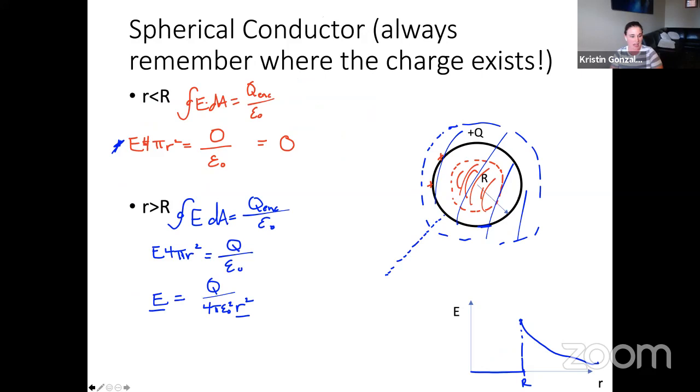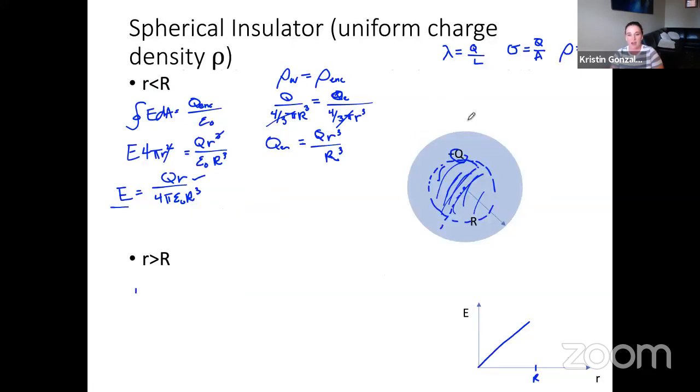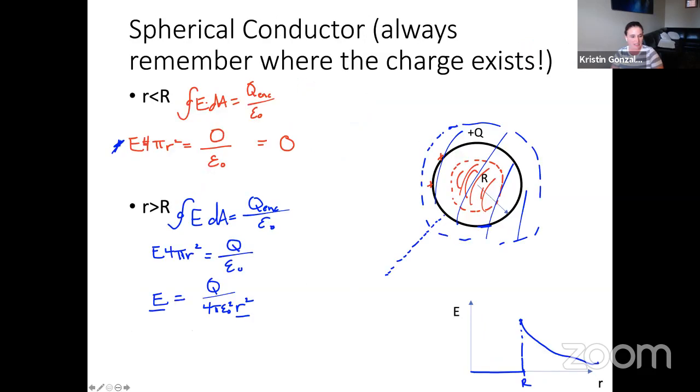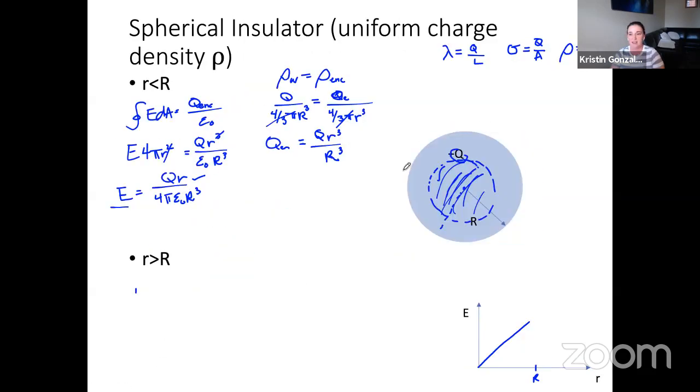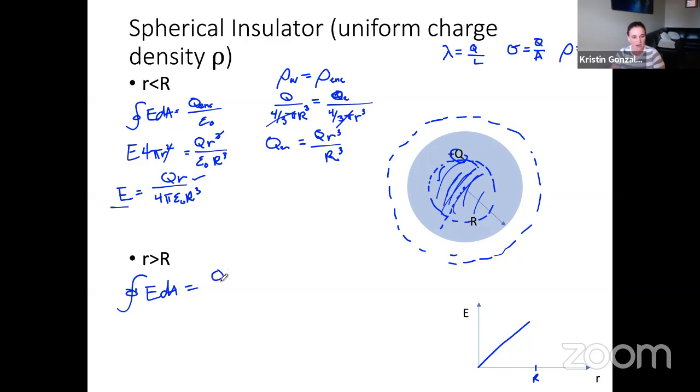Okay, let's look then at when we are r bigger than R. So let's see if you can set that up. It probably should be pretty easy at this point on what it is. But if we draw our Gaussian surface that's bigger, which mine is not super circular, I apologize. And we set up our equation, still a sphere. So it's still 4 pi r squared. But what charge are we now enclosing?